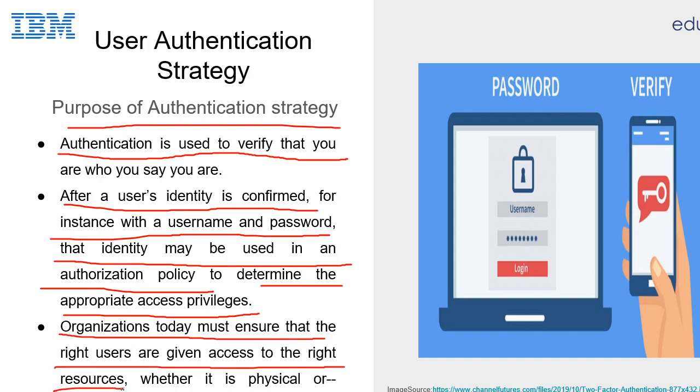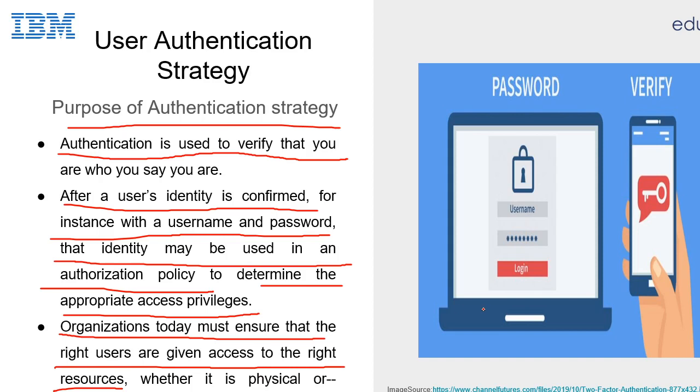So in many organizations, these identity checks must ensure that the right users are given access to the resources, whether physical or digital. Any resources will be available to the users based on the authentication strategies.